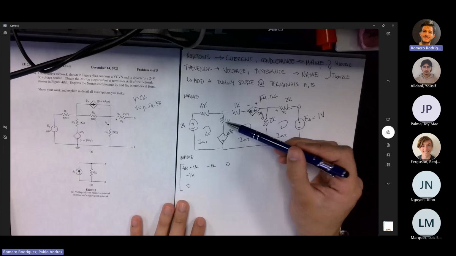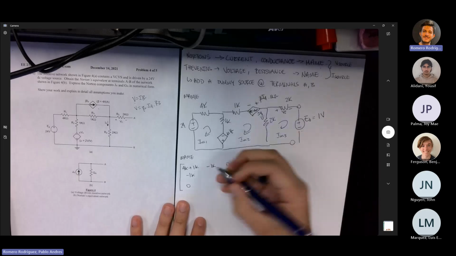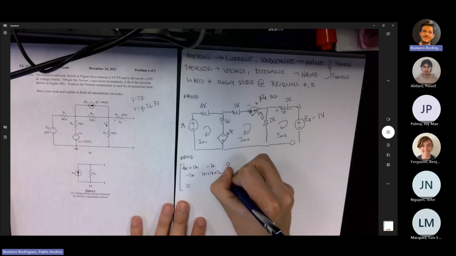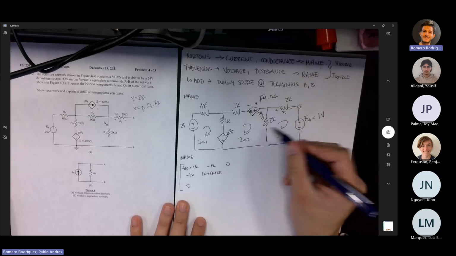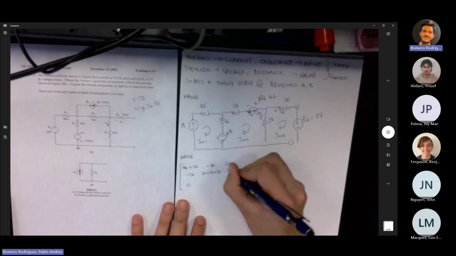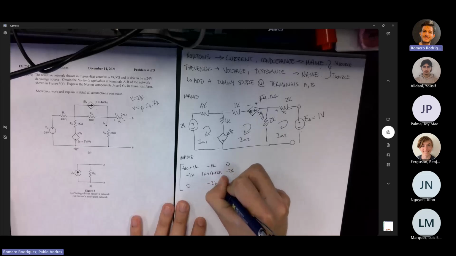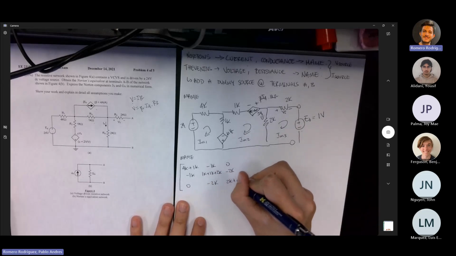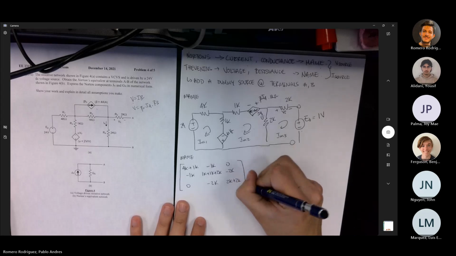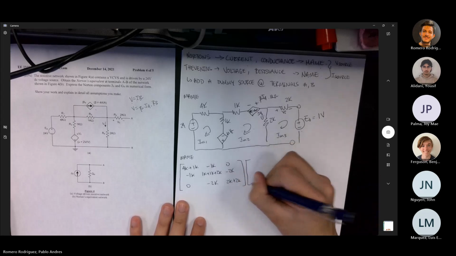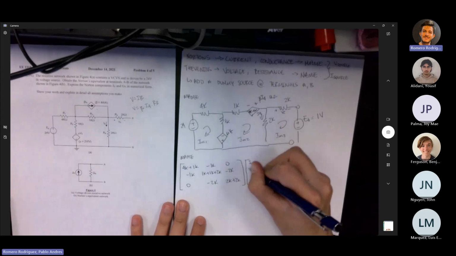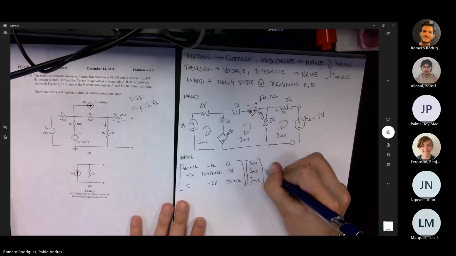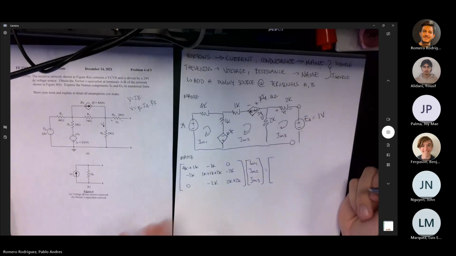Everything in the second one is going to be 1K plus 1K plus 2K. Everything shared between these two is just this guy, negative 2K, negative 2K. And then everything here is just 2K plus 2K. I_M1, I_M2, I_M3.